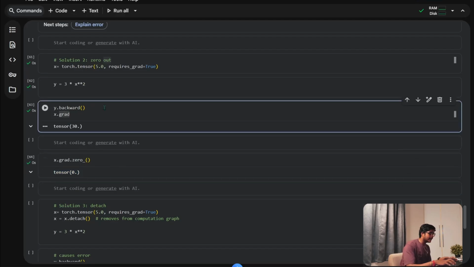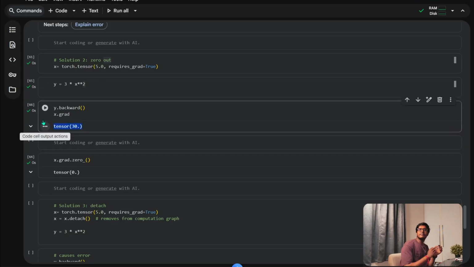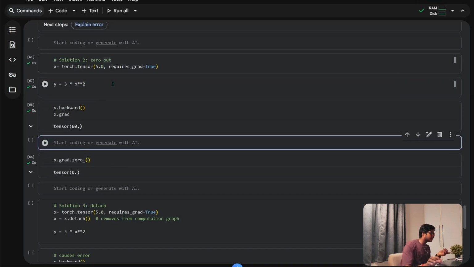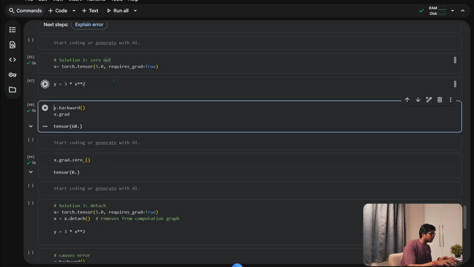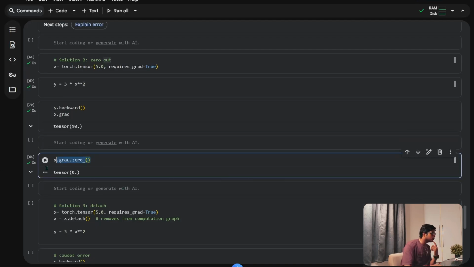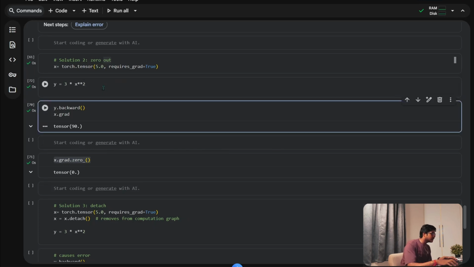So now if I again run this, you can see it's now 30. It's not giving me 60. But now if I again do this, it will give me 60. And if I again do this, it will give me 90. But after this, if I do x.grad.zero_(), it will make it 0, so that if we do this, it will give me 30.